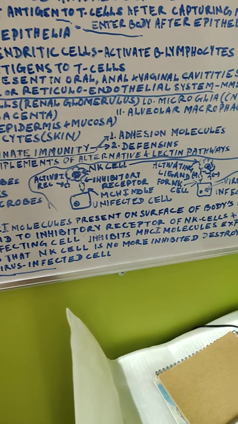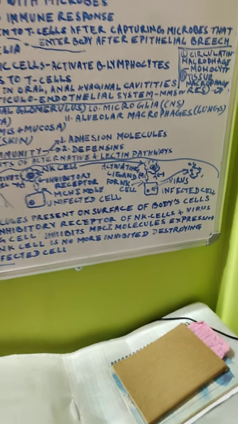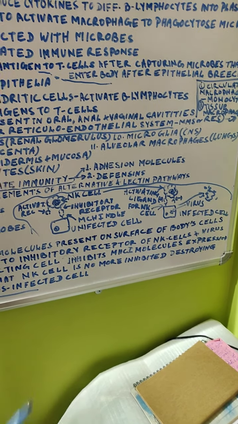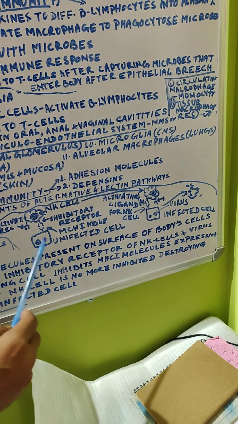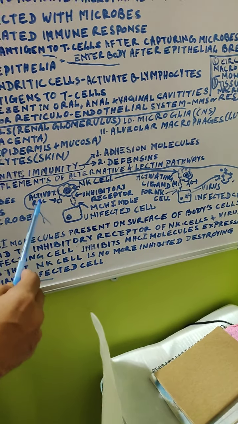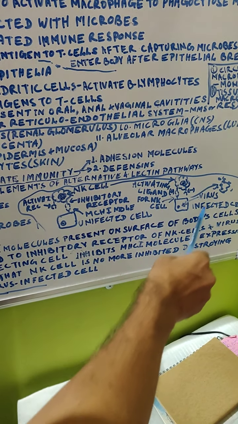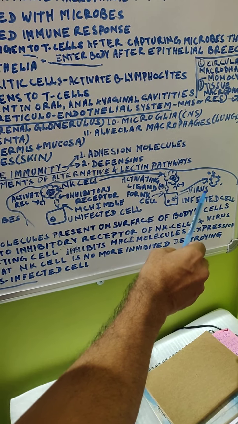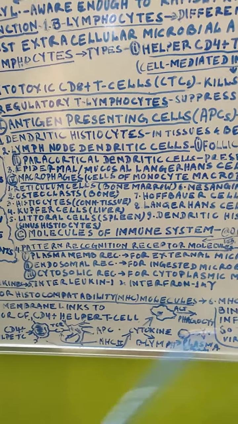So as long as there is no virus inside the cell, the NK cell remains inhibited. Once the virus infects it, the inhibitory receptor is no more active, the activating receptors become active, and that causes the destruction of the cell inside which the virus is present. So the virus is the stimulating factor for destruction by the NK cell.